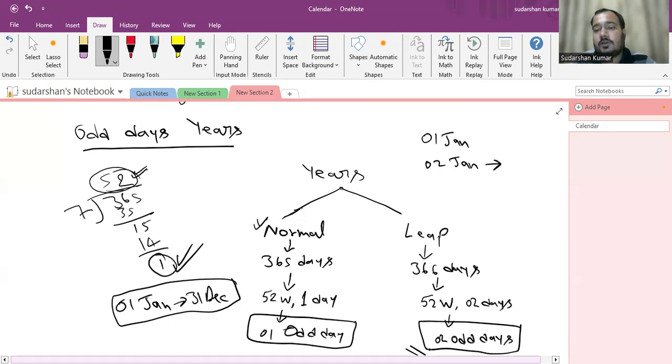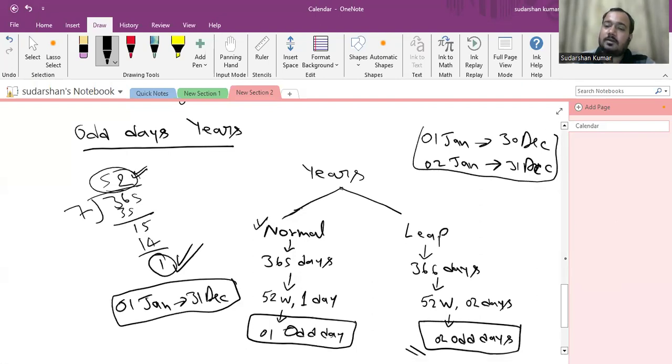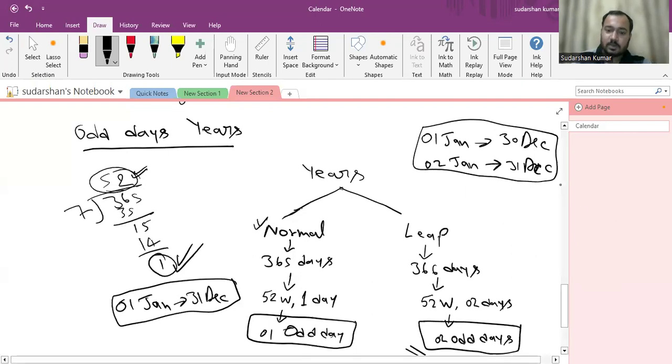So 1 January and 2 January will repeat on 30 December and 31 December. So the last day of any leap year is always one more than its first day.